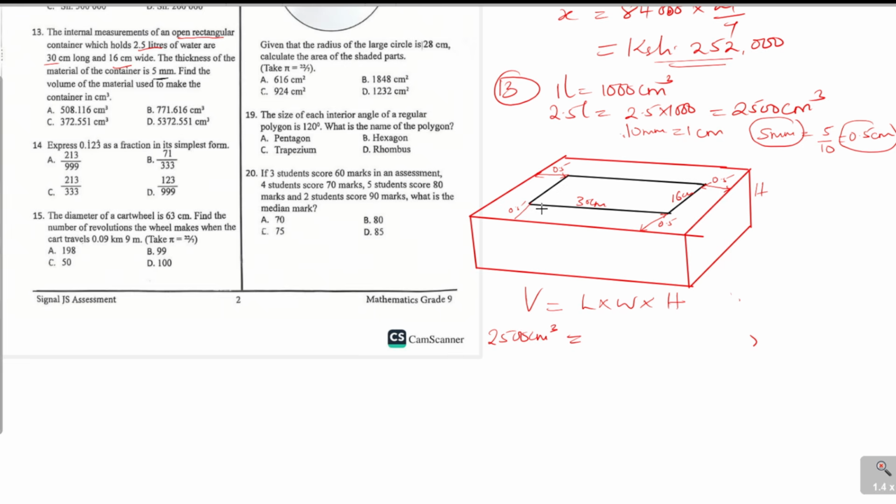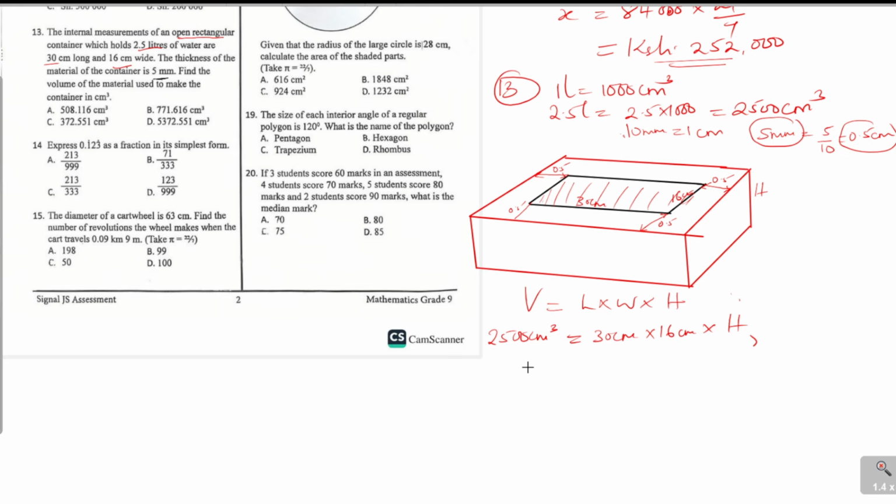We are using the internal measurements because that is the part that is holding water. And that one we're going to use 30 centimeters multiplied by 16 centimeters multiplied by the height. So this one will enable us to get the height.